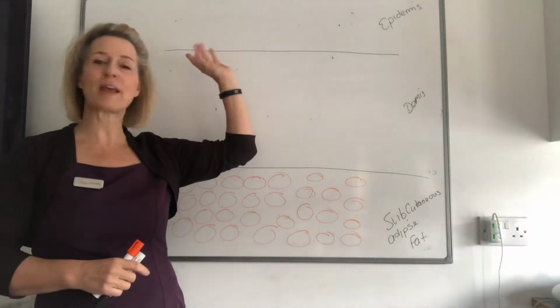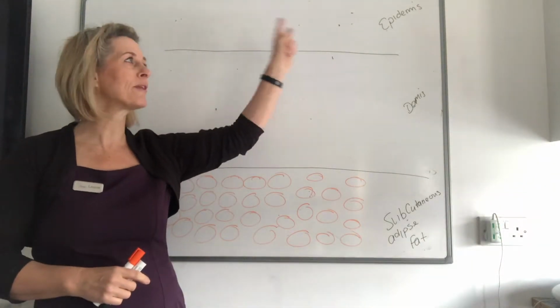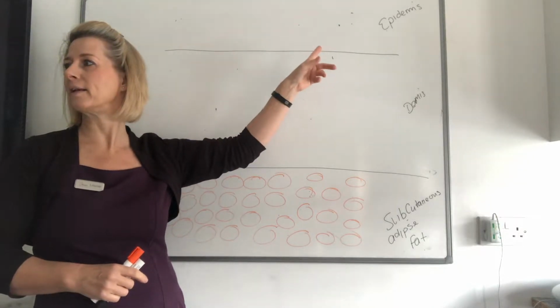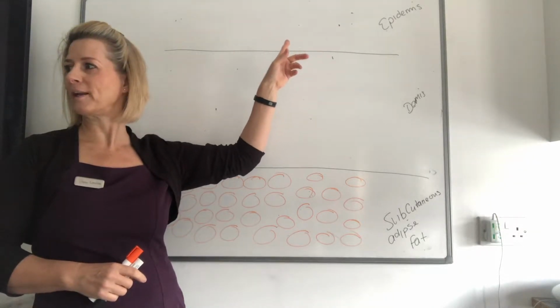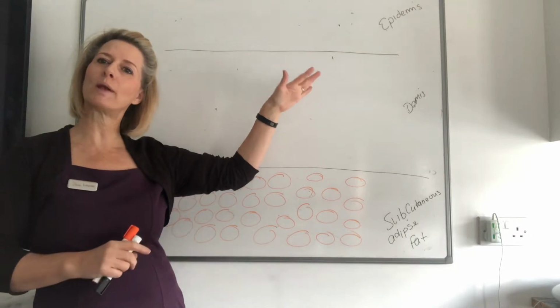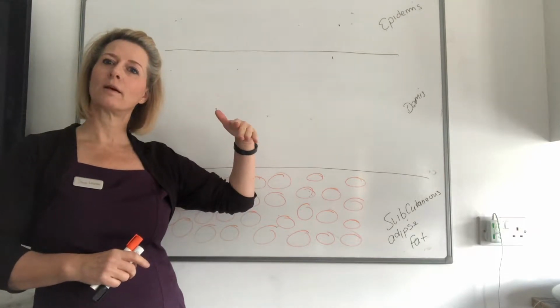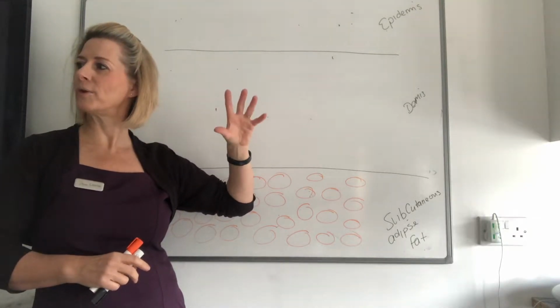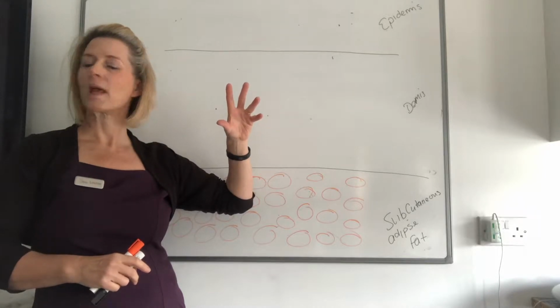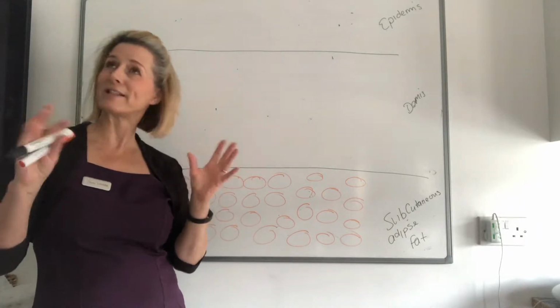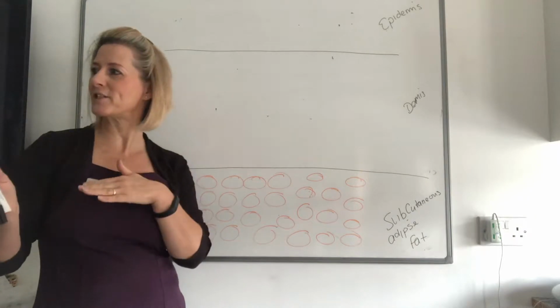But the actual layer we call something that sits over the top of the skin. Acid mantle. Acid mantle is a combination of 2 different types of fluids. Sebum, so fatty acids, yes, in a certain way, because that's your sebum.